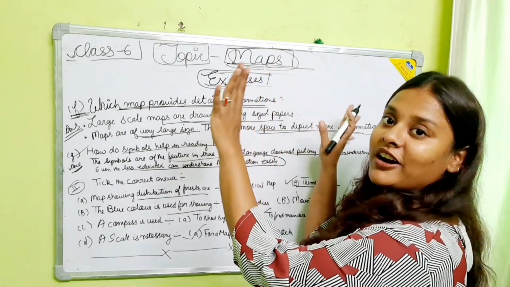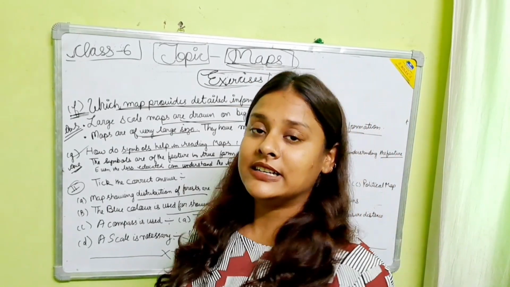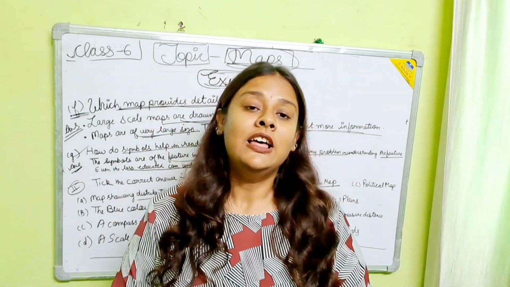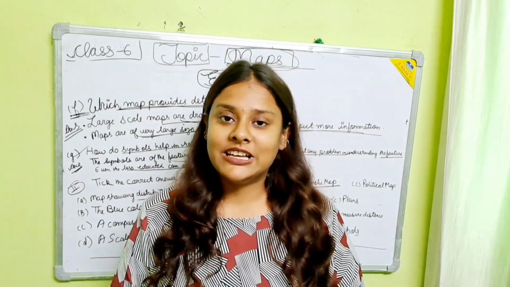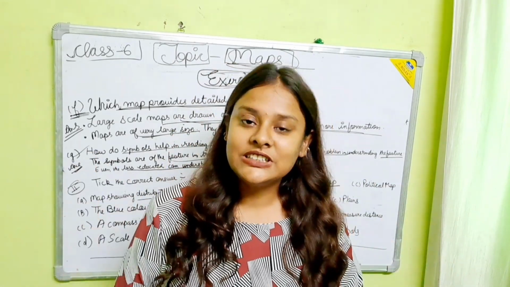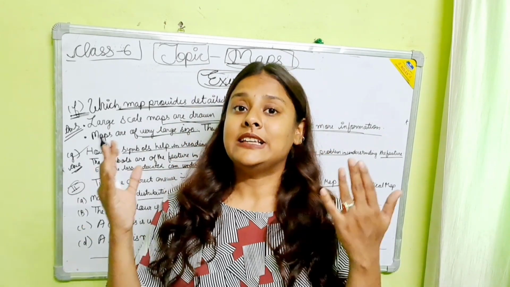That's all for our chapter Map. We are done with this explanation and its exercise. I hope all of you understood what I taught you today. We started off our chapter with the explanation of the globe. What is a globe? Shape of earth, latitudes, longitudes. Then we studied what is a map and types of maps.